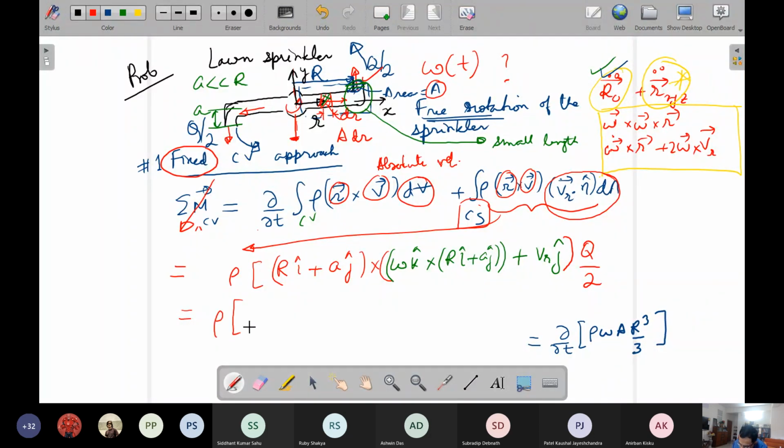So rho, R i plus a j, and we will do the cross: omega k cross R i, that is omega R j, plus omega k cross a j, that is minus omega a i.